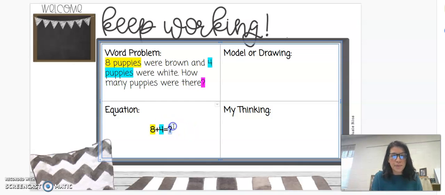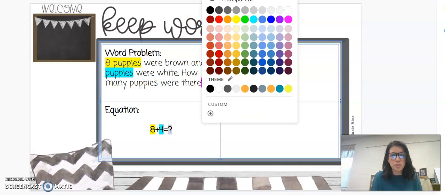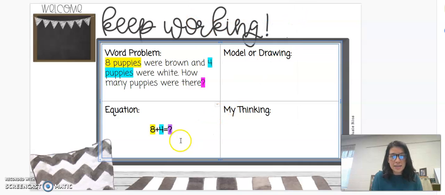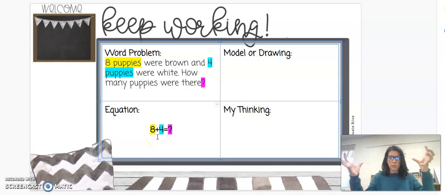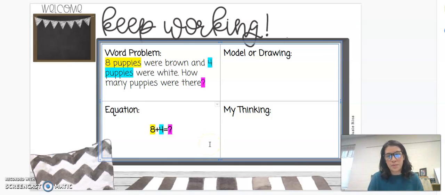We do not know what happened at the end, so we have our question mark there, and we see that in our equation too. So we can build our equation by telling what we know in the beginning, middle, and end. Now, since we're putting the puppies together, we're going to add because we're bringing 2 groups and putting them together. So now that I know my thinking, I can begin to solve my problem.